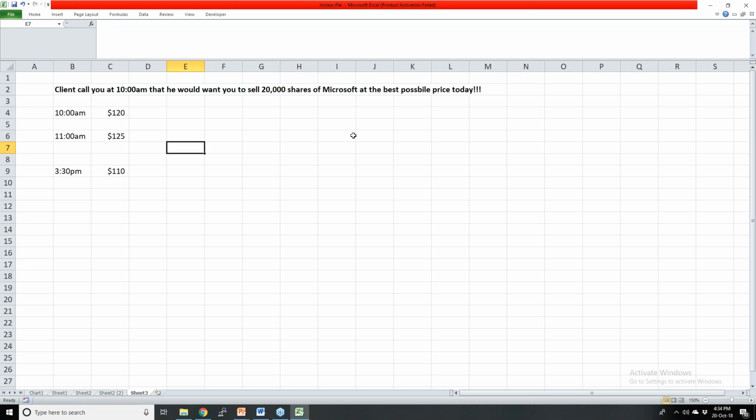Now you managed. So at 4 o'clock your client calls you again asking at what price you sold all his shares, and you say that you got an average price of $150, right?